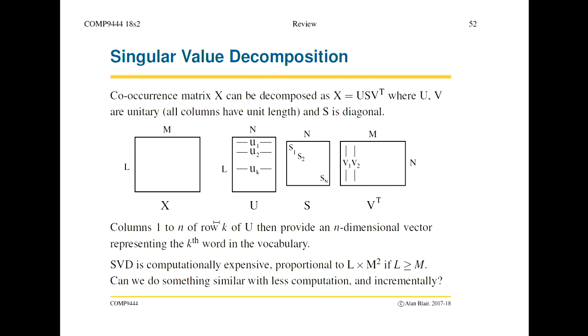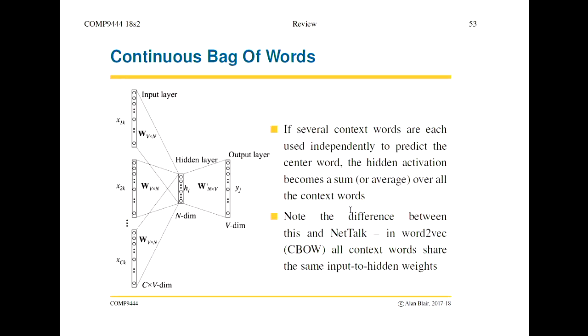You do the singular value decomposition of that co-occurrence matrix, and the first k rows of the resulting matrix give you an embedding of the words into a k-dimensional space, but it's too expensive to do this for a language task because we've got 50,000 different words.